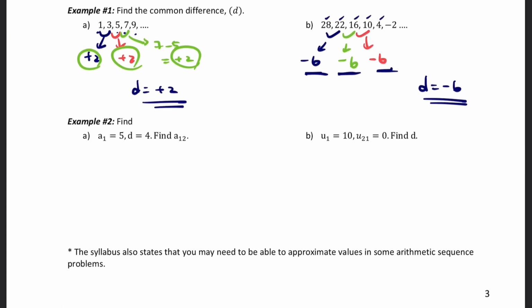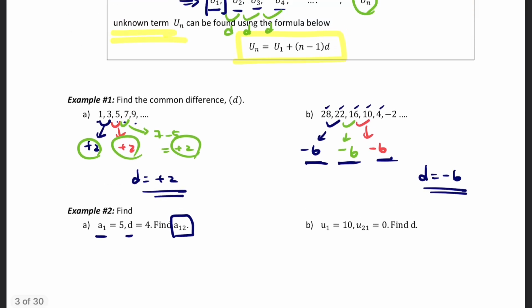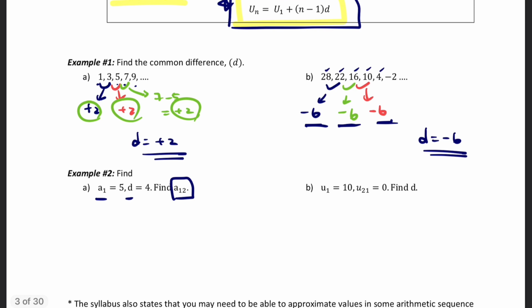With example number 2, question A, we have to identify the term A12, right? The first term, A1, is given, and the common difference D is given. So in this case, we are going to use the arithmetic sequence formula that we have discussed in this box, Un equals U1 plus n minus 1 times d, to calculate this A12, the missing term.